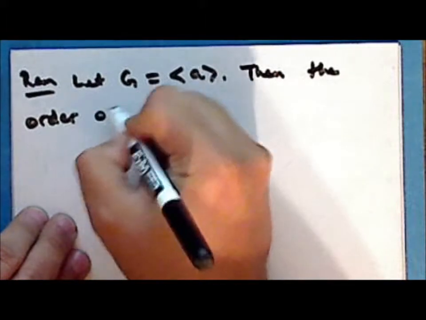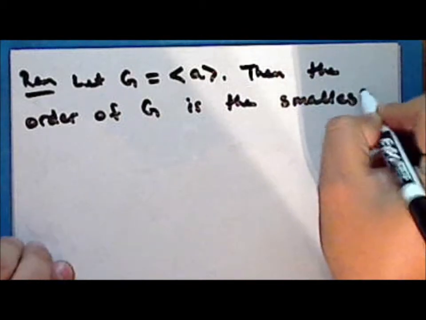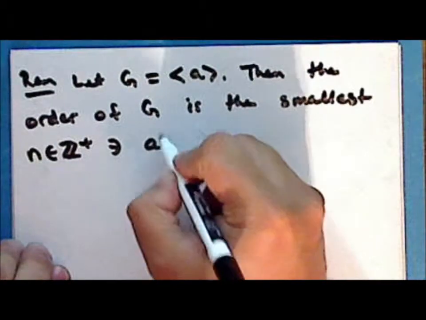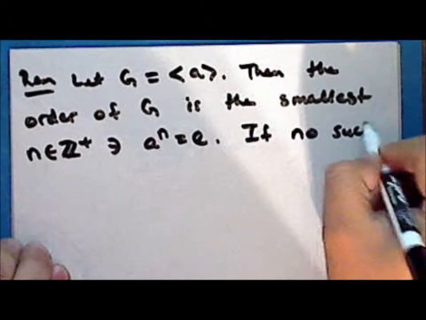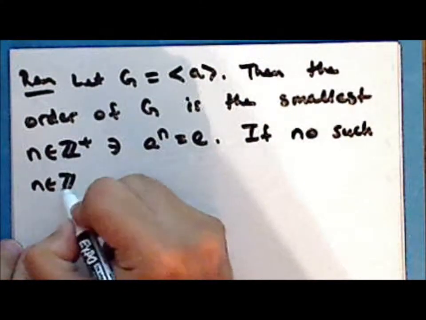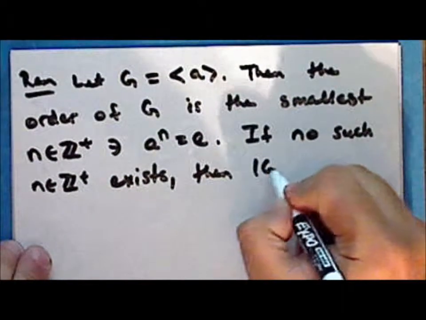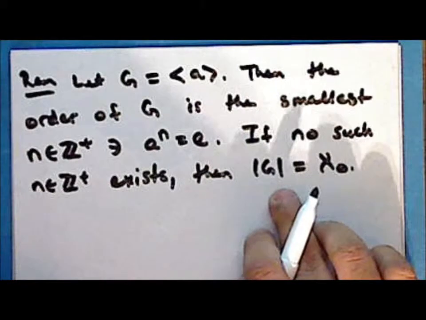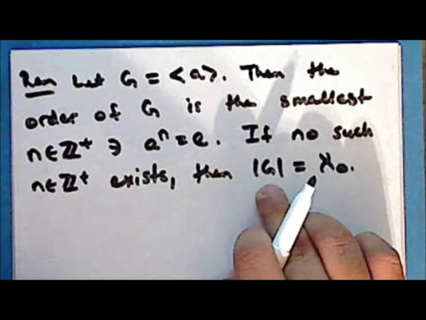Then, the order of G is the smallest positive integer n, such that a to the power of n is the identity, and if no such positive integer n exists, then the group has infinite order, and in fact the order of the group is countably infinite, since the number of elements in the group must be the same as the number of elements in the set of integers.